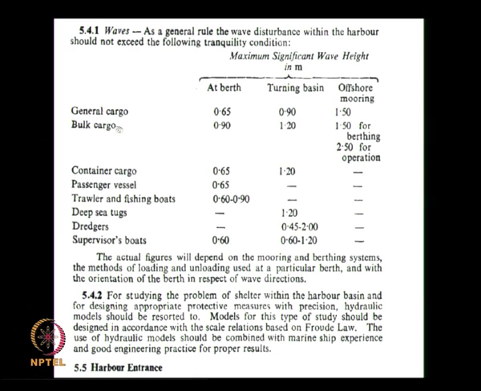So depending on the type of the vessel and the location where the vessel is, whether the vessel is at the berth, whether the vessel is at the training basin, whether the vessel is at the offshore mooring. Offshore mooring means in open sea condition, there are many structures, berthing structures that are built in offshore.